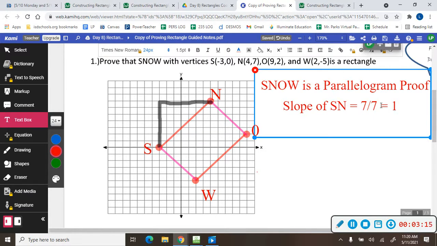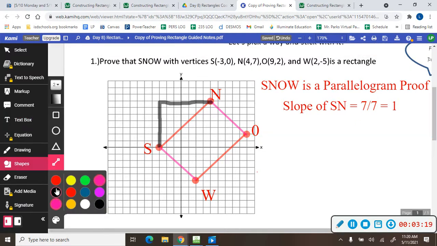And then I need to show that that equals the slope of WO. Well, from W, I also go up 7, and I go over 7. So 1, 2, 3, 4, 5, 6, 7.